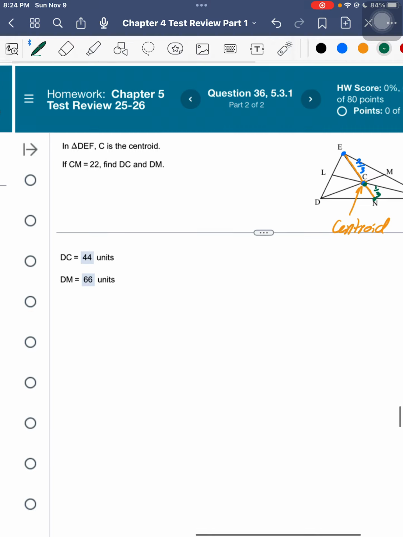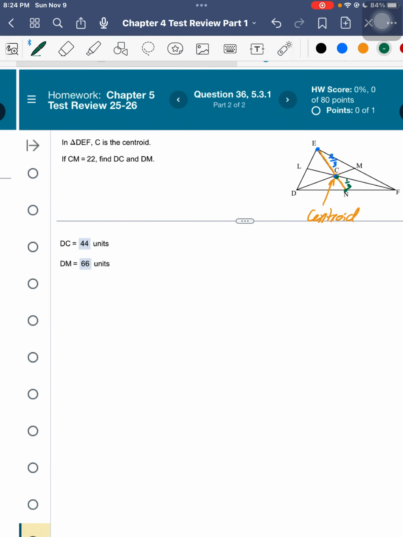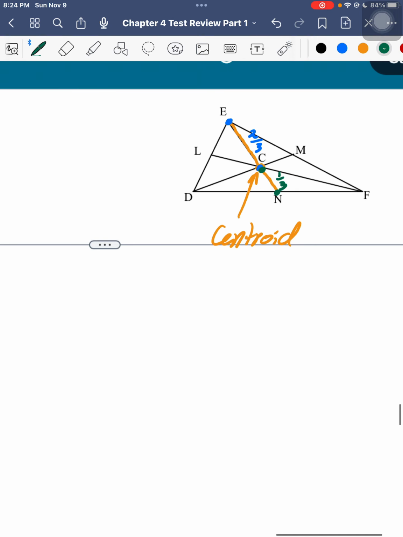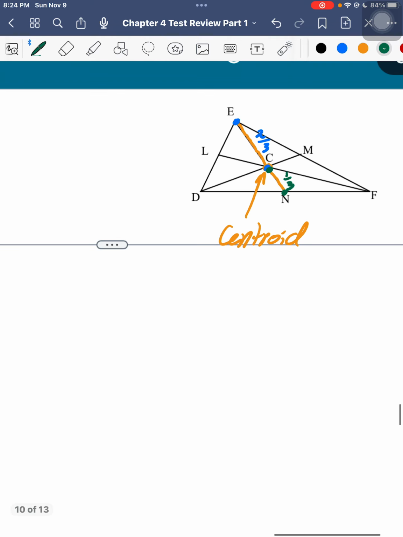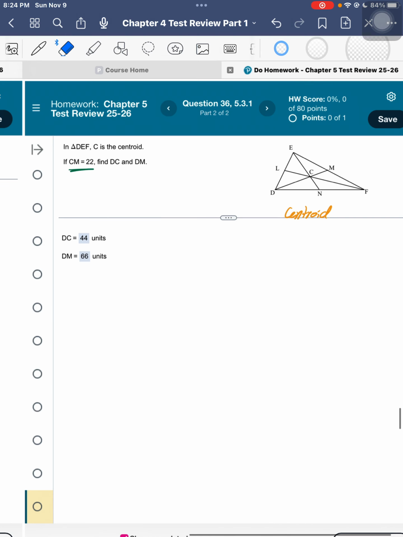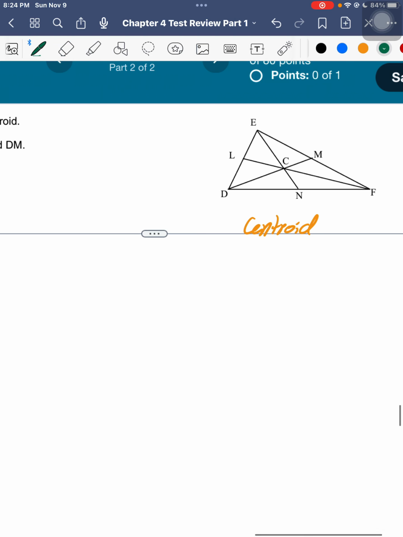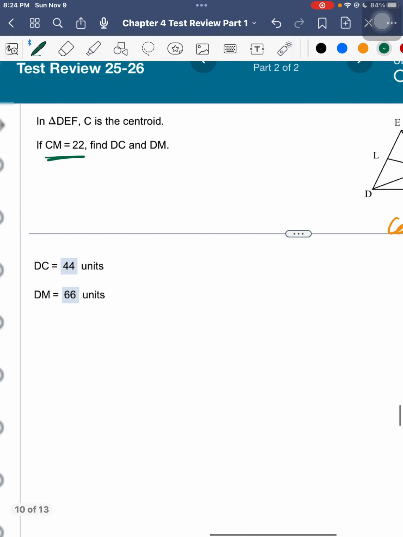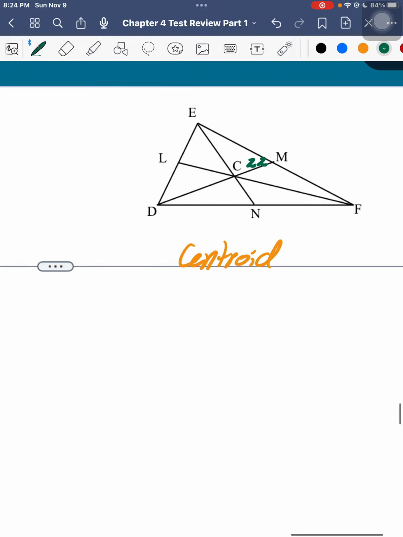So if CM is 22, oh, they're doing another one. All right, that's fine. Let's erase this because they're telling me that CM is 22, okay? So CM is 22. Find DC and DM.